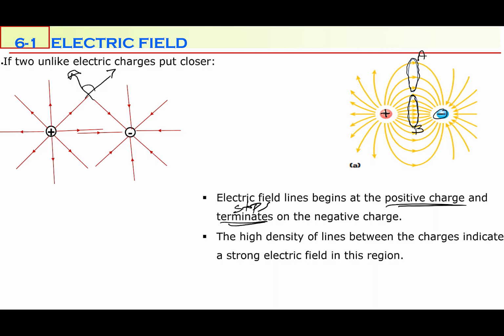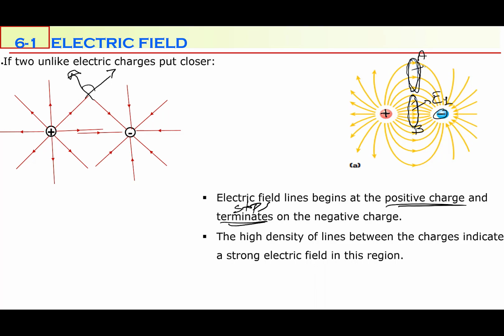Remember, we talked about the same thing when we were talking about the sound intensity. If the sound rays are closer to each other, sound intensity is greater. Same thing happens in here as well. If electric field lines get closer to each other, electric field is greater. So in this region, say that electric field is E1.